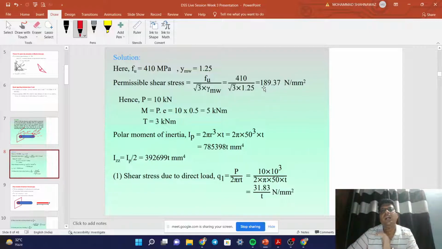So can any one of you tell me where this factor, this root 3, is coming from? This gamma mw I can understand, this is making it the permissible shear stress. So for making it permissible, this gamma mw comes into the picture. So where is this root 3 coming from?